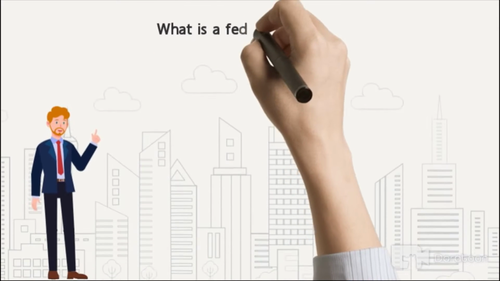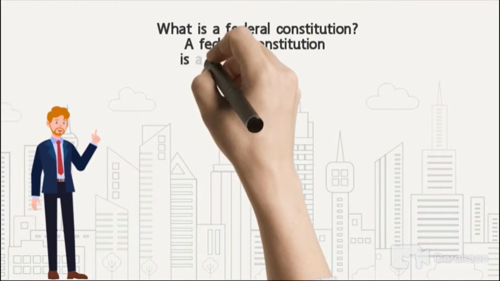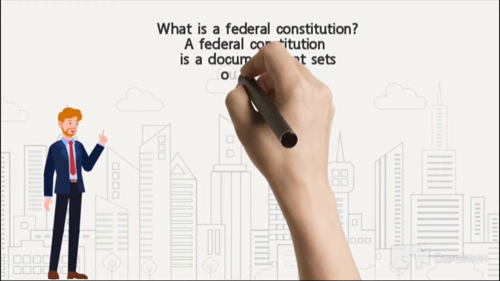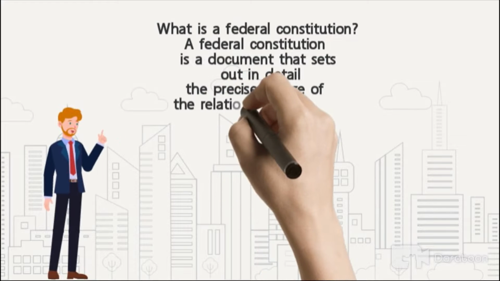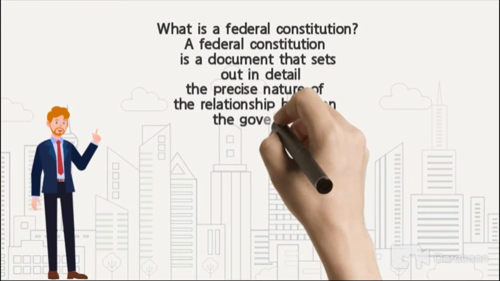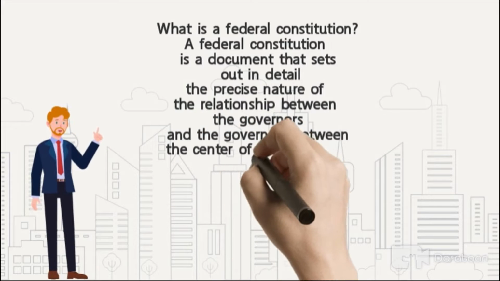What is a federal constitution? A federal constitution is a document that sets out in detail the precise nature of the relationship between the governors and the governed, between the center of power and the periphery.